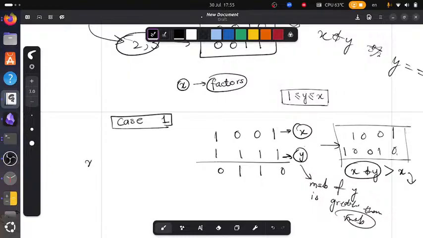But if we have x XOR y, and in this case the number is going to be pretty big, right? Would that number be divisible by y?